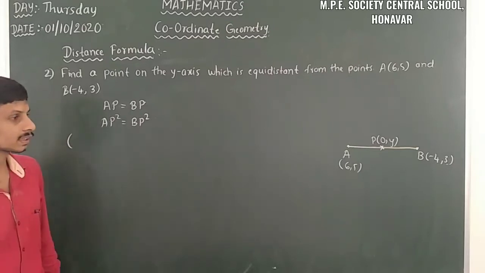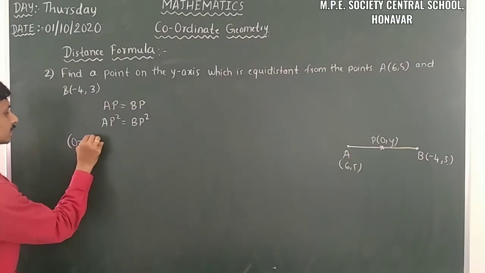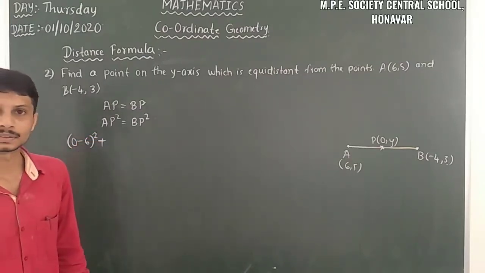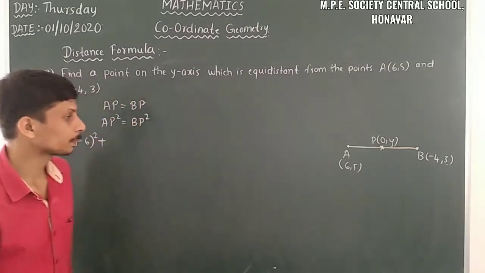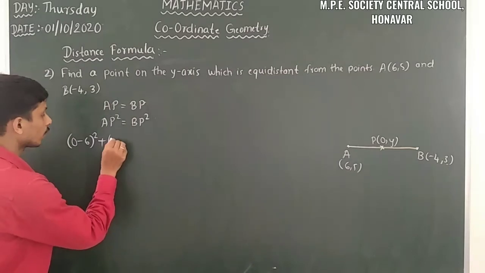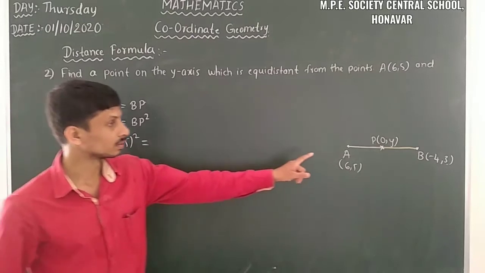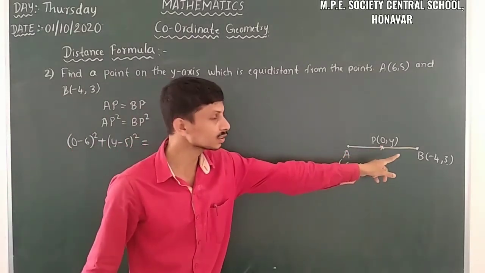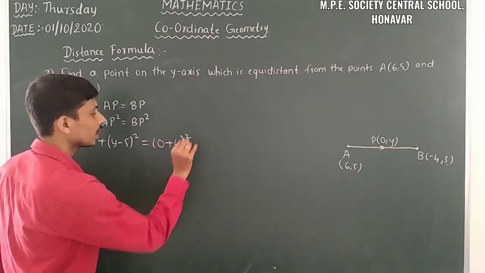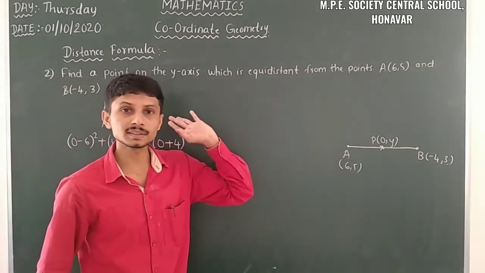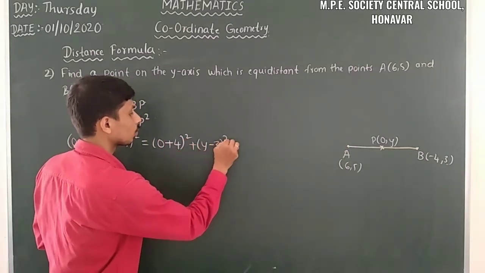Here x2 minus x1, that is (0 minus 6) whole square plus (y minus 5) whole square is equal to BP square. Here 0 minus of minus 4 means plus 4 square, then (y minus 3) whole square.